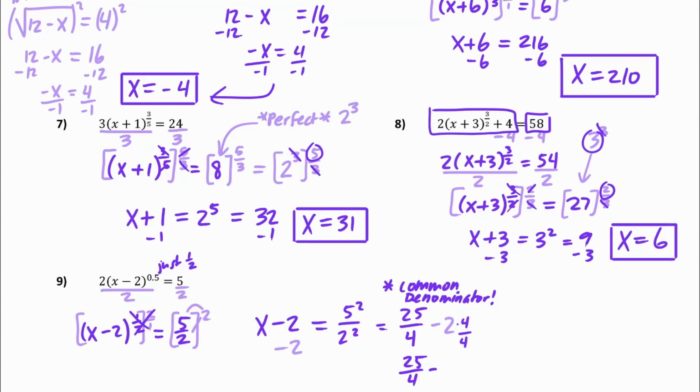And so 4 over 4 is a fancy way of saying 1. You aren't changing the amount. 8 over 4 is literally the same thing as that 2. But now we can go ahead and do 25 fourths minus 8 fourths, talking in that language, x is equal to 17 fourths. And you don't need a calculator for that.